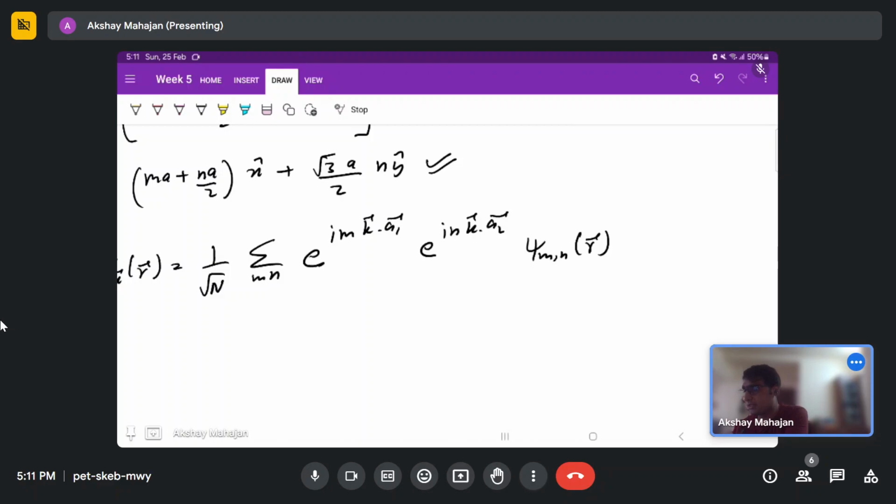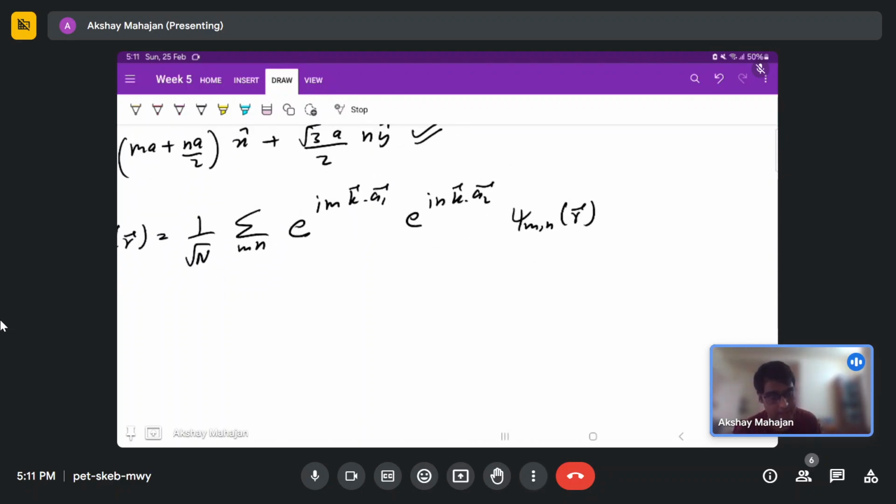Okay, let's just do it this way because that will be much easier. Yeah, so this will be a better way. Okay, so I will write it like this.